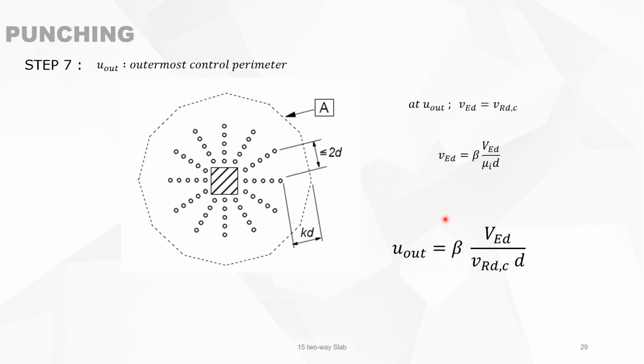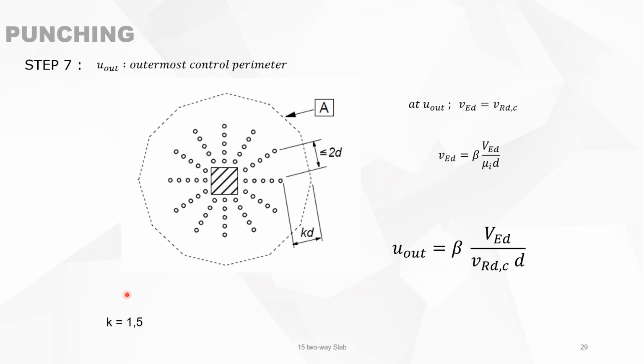And if you substitute those two, then you see that u_out, of course, is the outermost perimeter due to the force VED times the coefficient beta, depending on if it's a middle, edge or corner column, and then divided by VRDC times d, because it is the perimeter where the shear force is equal to the shear force given by concrete alone.